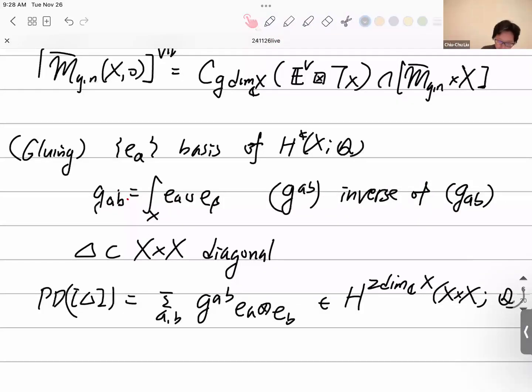So let g upper AB be the inverse. Then the Poincare dual of the diagonal in X cross X is given by this.